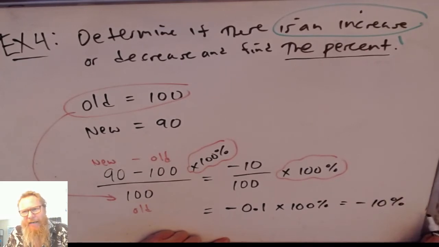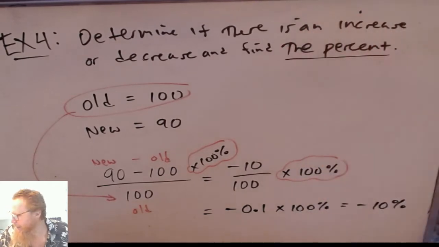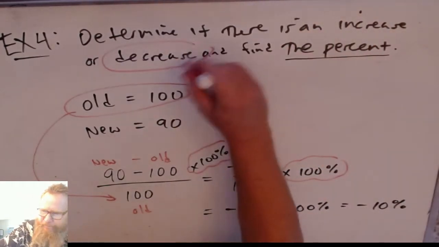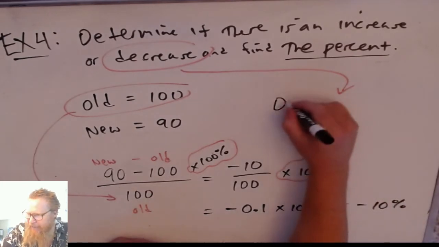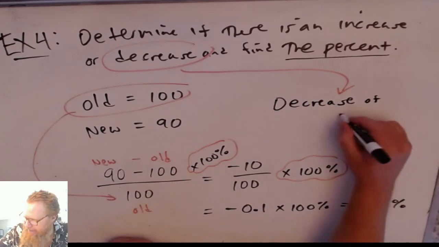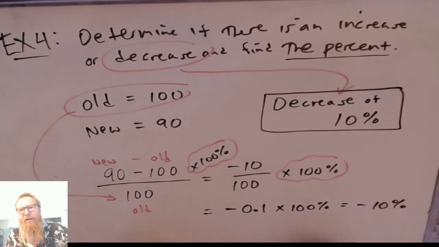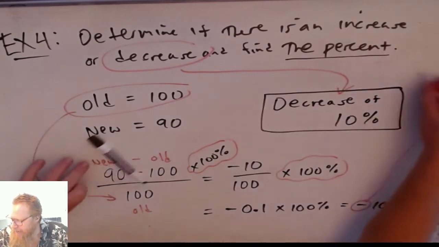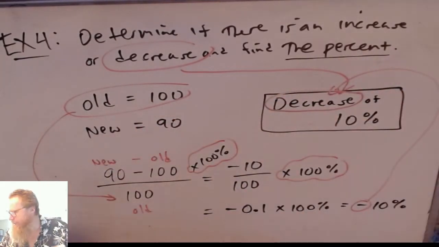Now again, don't type the negative sign. Ignore the negative sign and just say percent decrease of 10%. So the negative sign literally becomes the word decrease, going down.